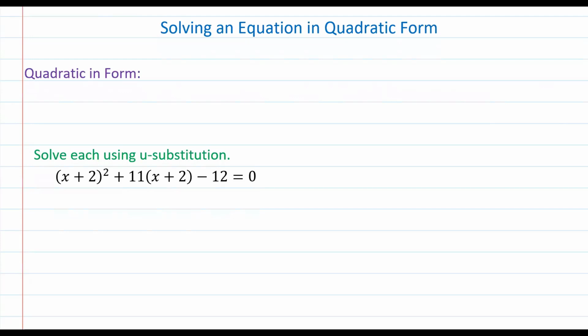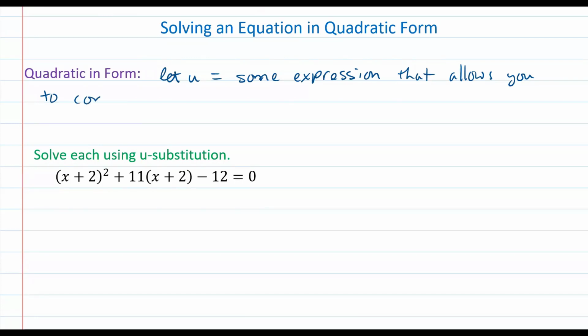So the manipulation that we'll do is we're going to let u equal some expression that allows you to convert the equation to this quadratic equation, which is a times u squared plus b times u plus c is equal to 0.